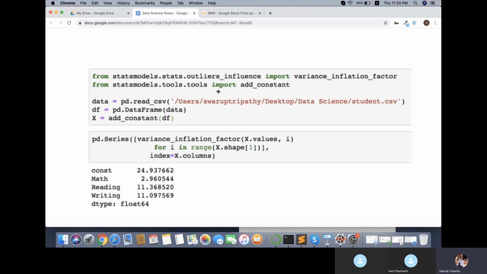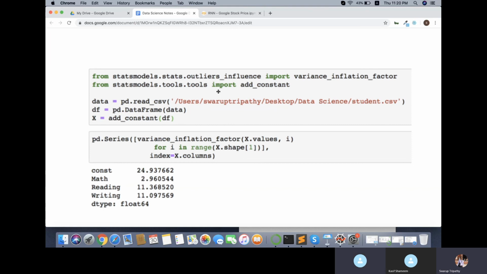So here also add_constant will add an extra x value, that is x0. It's similar to np.ones, which we added earlier, so this will do the same thing. It will add one more column of one values.